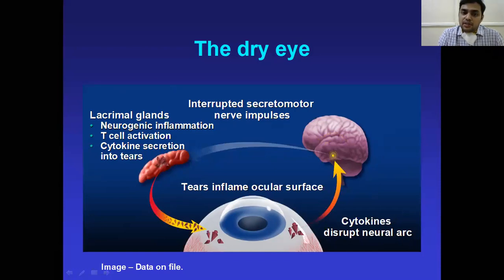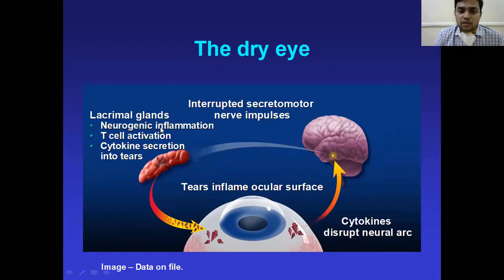So what happens in case of dry eye? Because of the inadequate tears, there are inflammatory changes in the ocular surface. Because of these cytokines, this disrupts the normal stimulation of the CNS. This in turn interrupts the normal secretory nerve impulse to the lacrimal gland. So there is a decreased secretion of the tears.